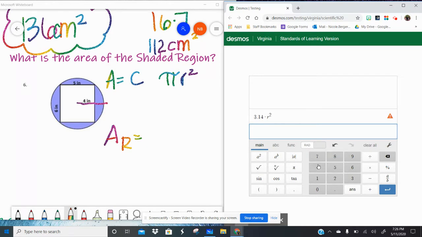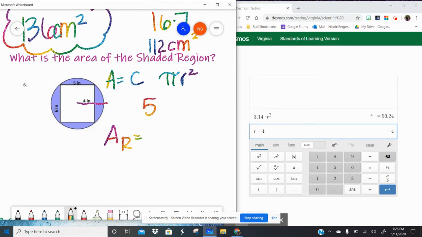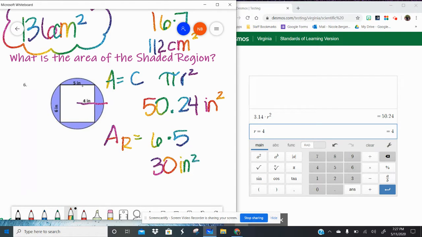And I tell the calculator that the radius is 4, which means the area of that circle is 50.24 inches squared. Well, let's look at just the rectangle. The rectangle is a 6x5. I don't even need the calculator for this one. 6 times 5 is 30 inches squared.